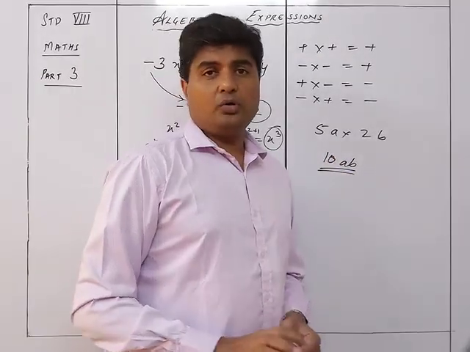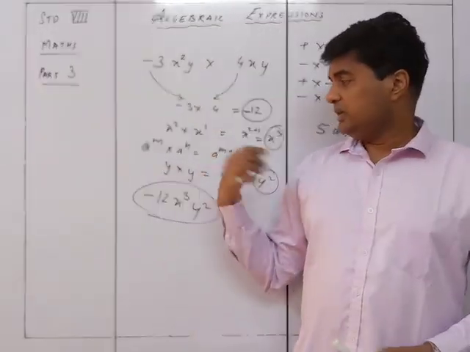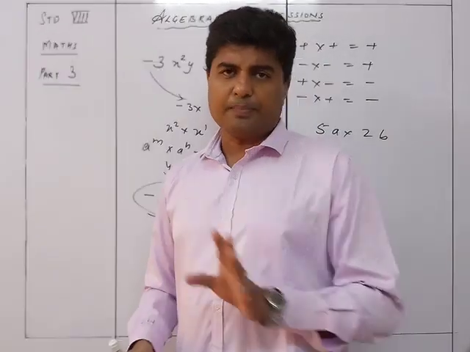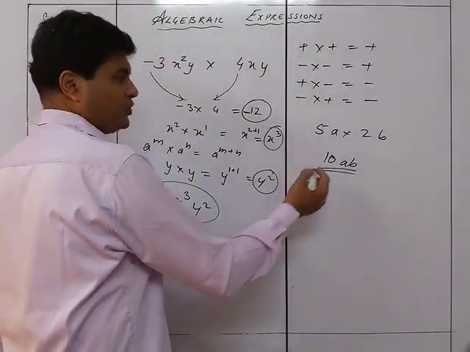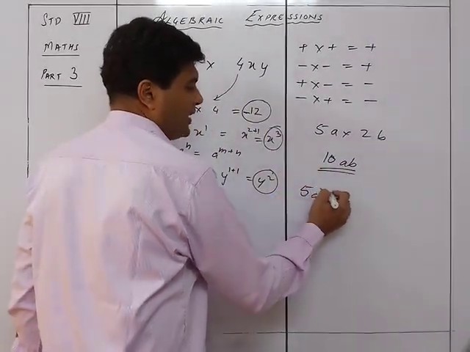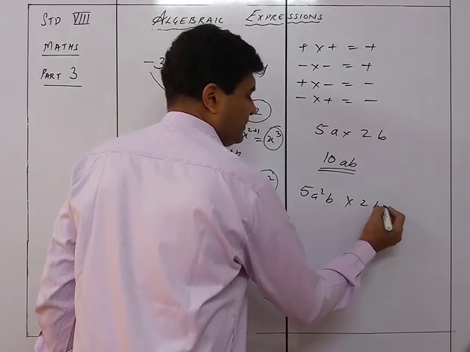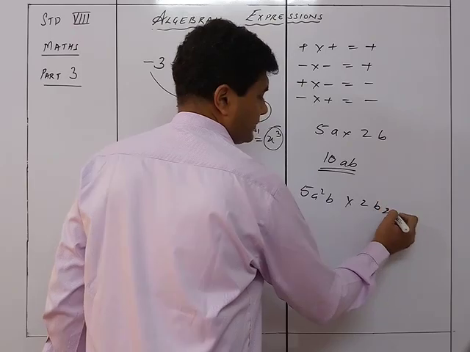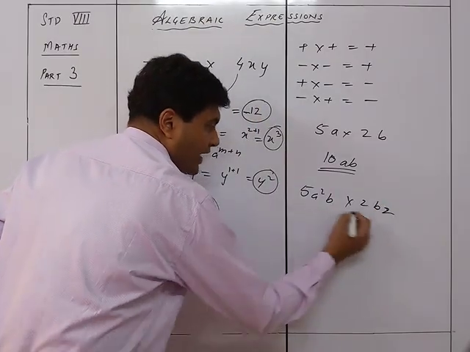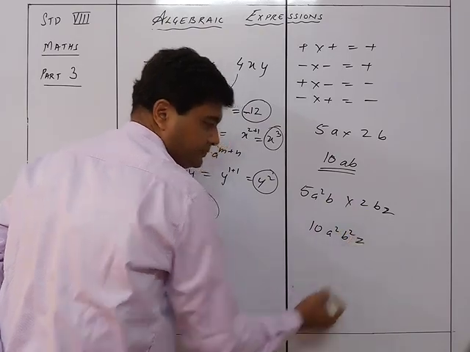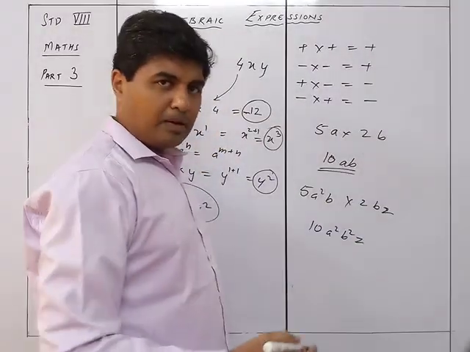If they are not going to have the same base, then if both are not x, then you are going to just keep them separate as it is. So it could be this way also, that 5a square b into 2b square z, that will be equal to 5 2s are 10, a square, b into b square will be b cube, and z. Okay, all of them combined.